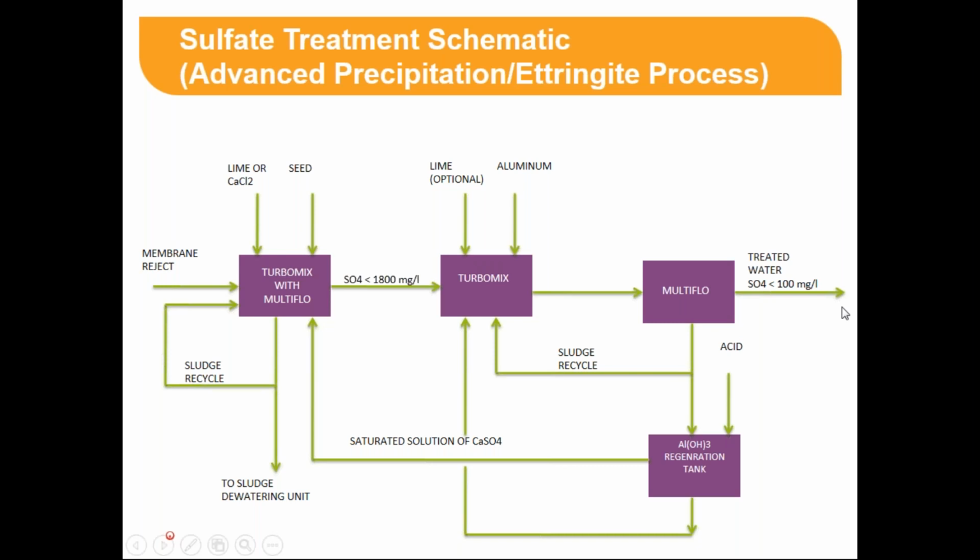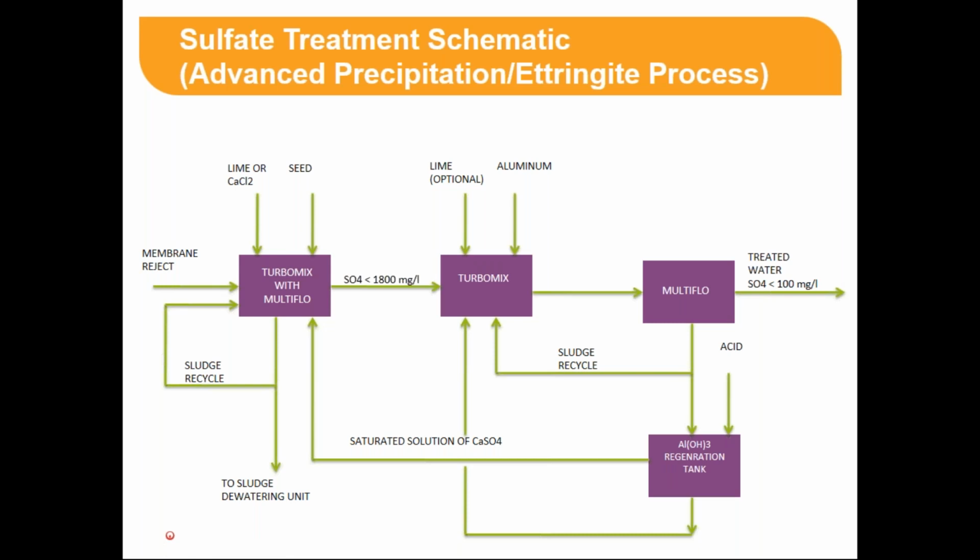So the gibbsite is produced in the sludge, or as you can see, it's recycled back to the turbomix tank. The effluent, or the overflow from the aluminum hydroxide regeneration tank, mainly contains calcium and sulfate.